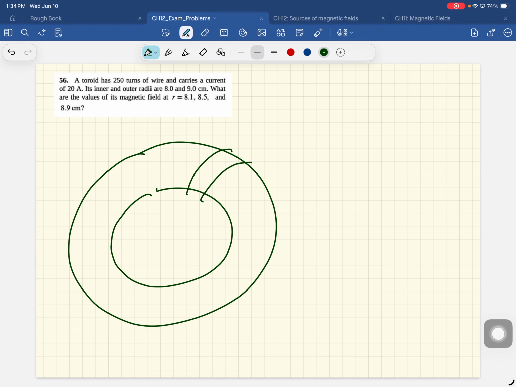And that's what this is, see? There's the donut wrapped around with wire, and you're producing that magnetic field inside.